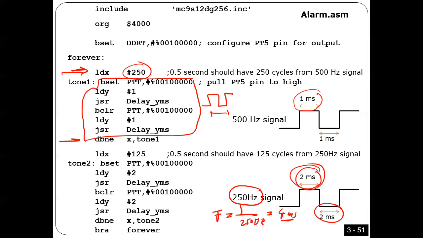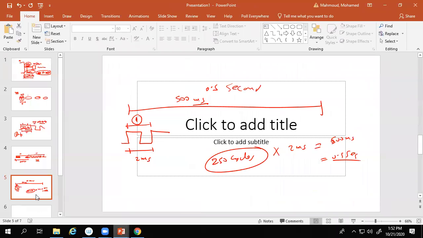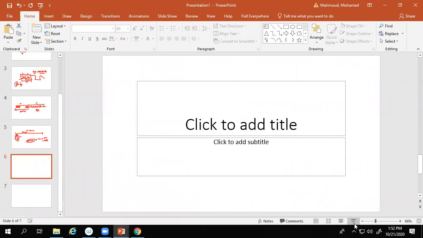Also, if I wanna run this signal for half a second, how many cycles do I have to repeat? It has to be 125 cycles. Is that okay? Because every cycle should be 4 milliseconds.